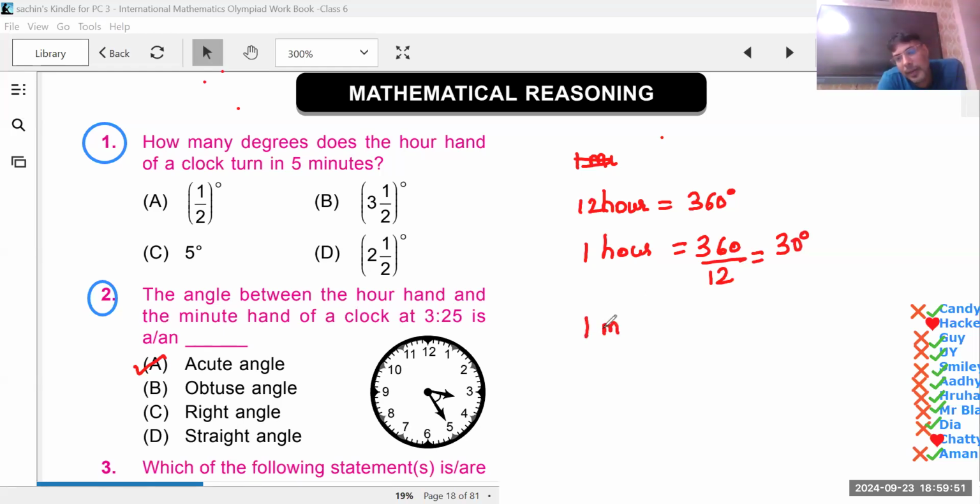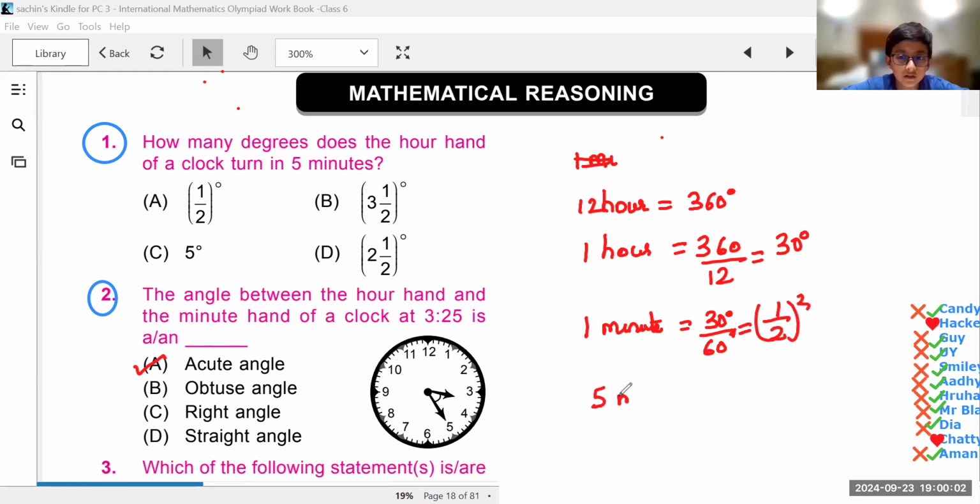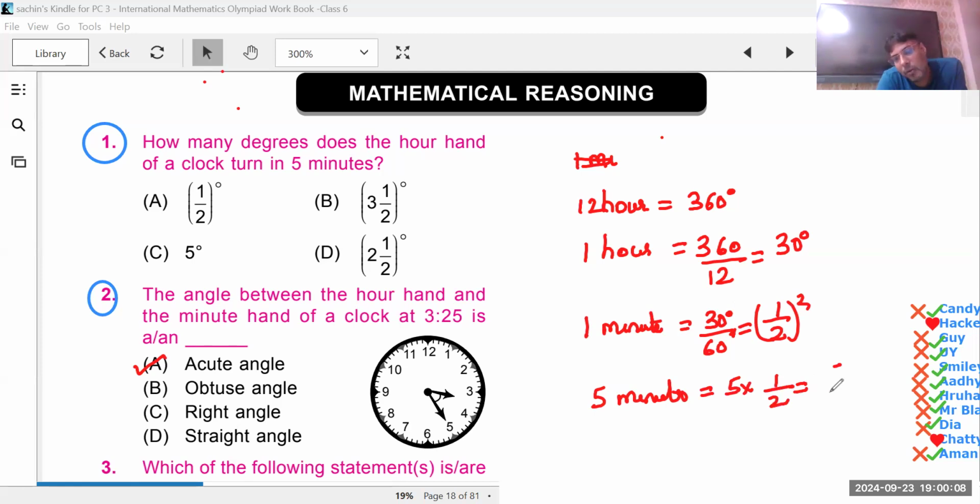And in 1 minute, it will go 30 degrees divided by 60, because there are 60 minutes. So it will be half a degree. So in 5 minutes, it will be 5 into half, which is 5 by 2, which is 2.5 degrees.